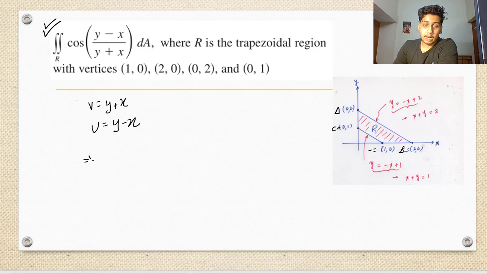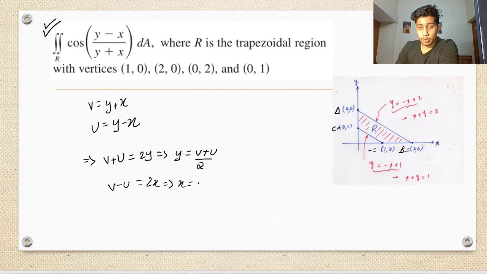If we add the above two equations, v plus u equals 2y, which is y equals (v plus u) by 2, and subtracting, we get v minus u equals 2x, which is x equals (v minus u) by 2.